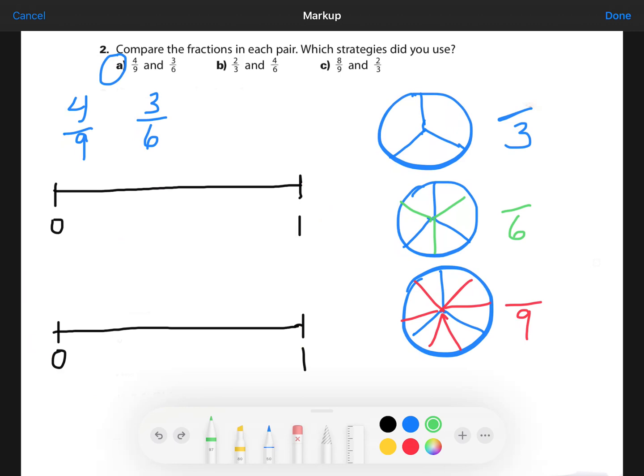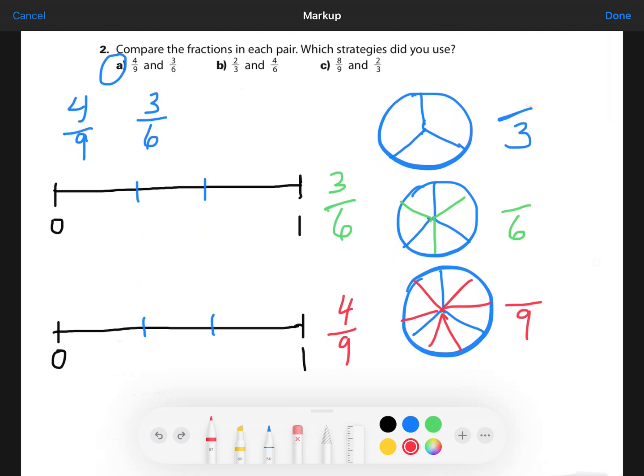So I'm going to be doing the sixths over here, and I'm going to be showing the ninths on the second one. I'm going to start with thirds. And I'm eyeballing this. It's an estimate. And again, I'm making sure that these are matching up so that I can compare them.